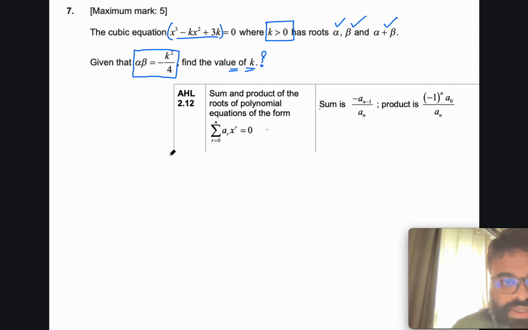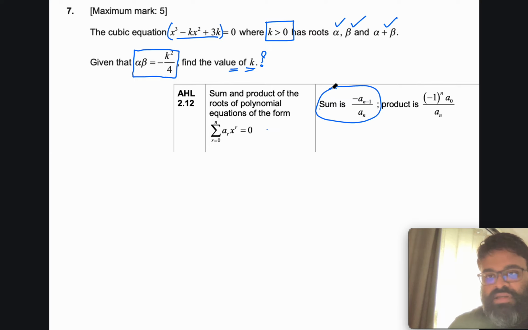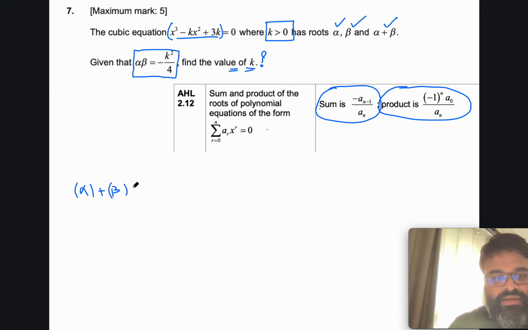So now you have to use the formula of sum and product of roots. The formula for sum of roots is here, and the product of roots is here. So the sum alpha plus beta plus alpha plus beta, when you add all the 3 roots, is minus a_(n-1) over a_n. So a_(n-1) is minus of minus k, this will become plus k, and a_n is just 1, right?